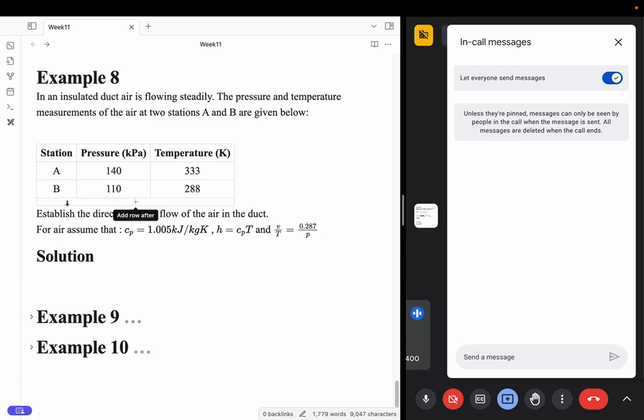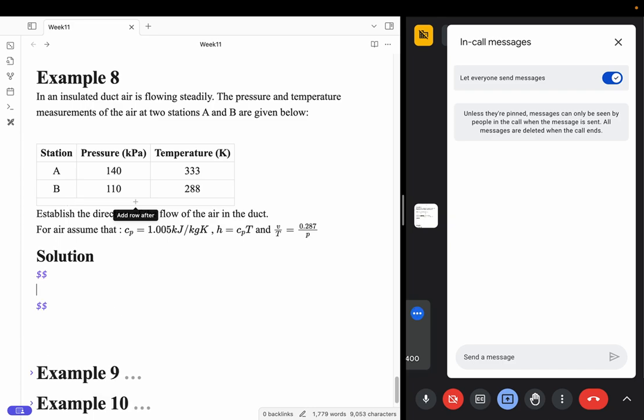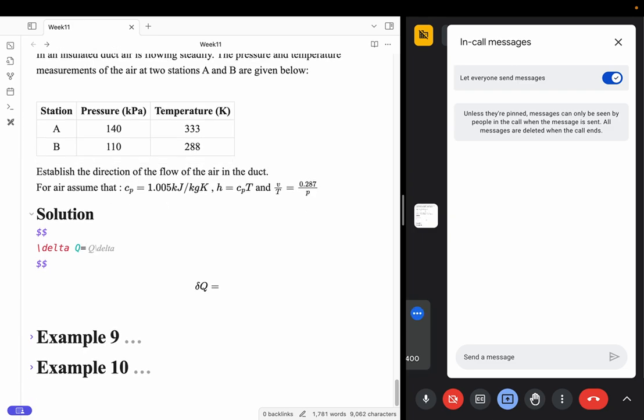I cannot start directly with the first law, Q equal to U plus W, since this is a flow process. So which relation will I use instead of U plus W? Delta Q is, let's say I put it in this way. You will anyway start with this, but then U and W I cannot calculate directly. What will I do next?